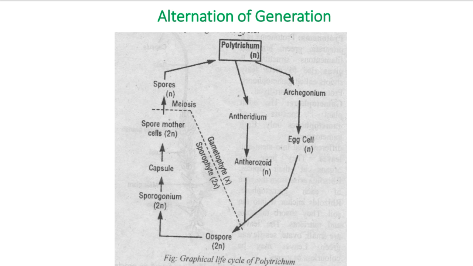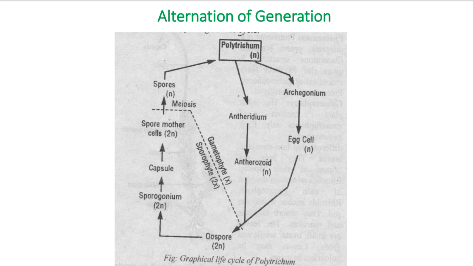When these haploid spores develop in the capsule and the capsule ruptures, they are released from the capsule, and when they settle down on a suitable substratum under favorable conditions, they start germination.